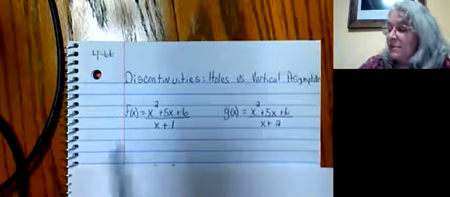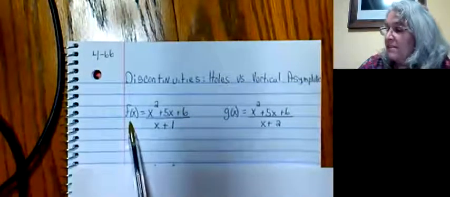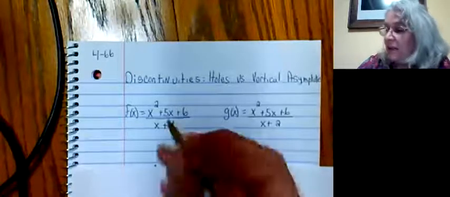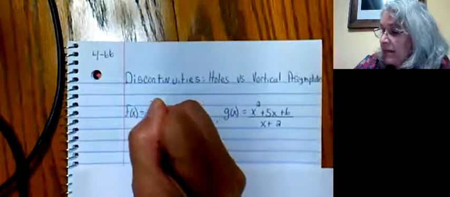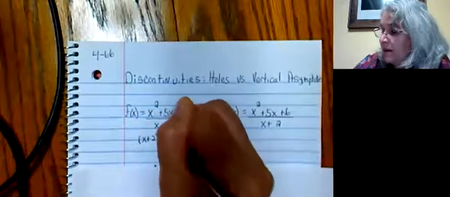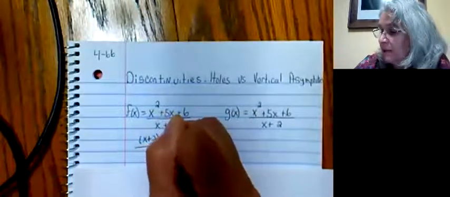All right, this is actually problem 4-66, and there are two parts, f of x and g of x. Let's go ahead and factor this guy. This becomes (x + 2)(x + 3) over (x + 1).